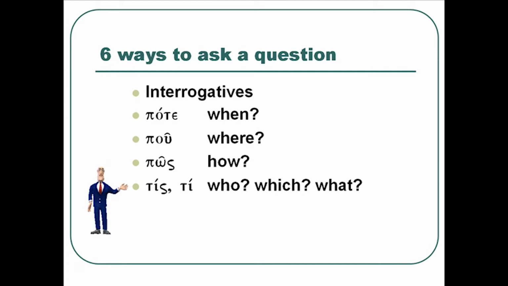And the fourth one, and you'll notice how tricky this one is compared to the indefinite pronouns that we just looked at, is tis, ti, who, which, or what. And you'll notice that it takes the accent mark, whereas the indefinite pronoun did not have the accent on the single syllable. So the accent is the only difference between the tis, ti indefinite pronoun and this interrogative.